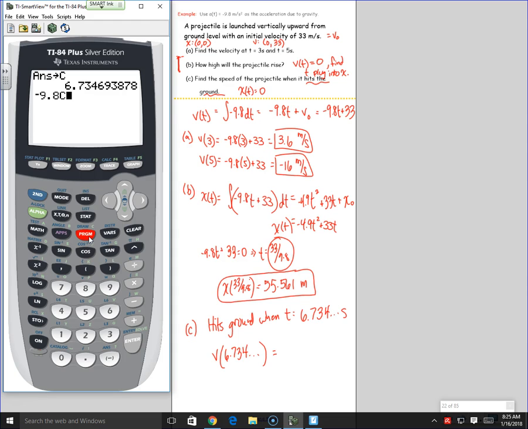And when I use the C in the equation for my velocity, which I'm plugging into my V of t equation, I get negative 9.8 times the time plus 33. It's going to go ahead and steal that and put it in, and I have negative 33. Weird, huh? Now, here's a dilemma with velocity and speed.